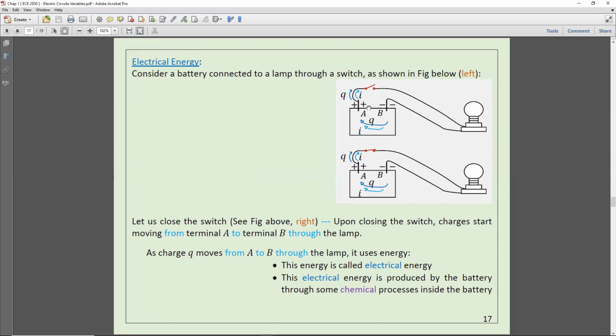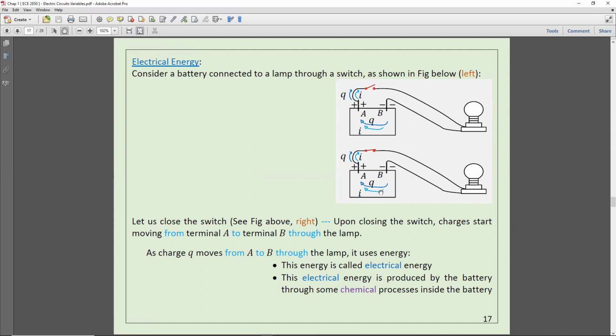a battery. This battery is providing electrical energy. For example, if you have a battery this way and a bulb or a lamp this way, and the switch is open, there is no current. Current is not going to flow, and there is no light.